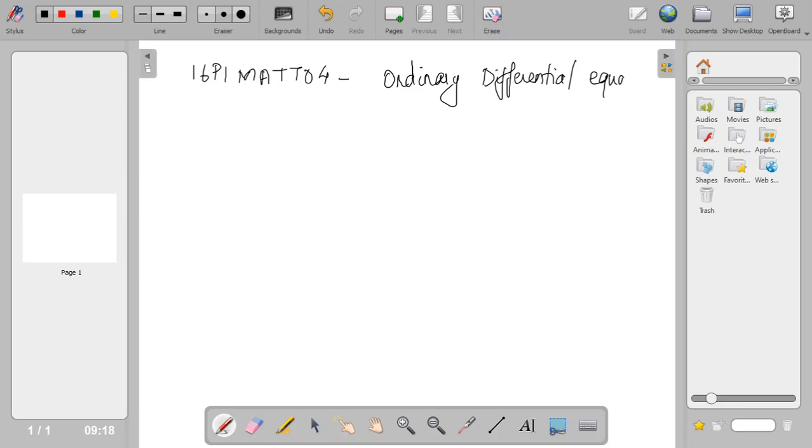So we will be having a total of 4 modules, and there are 2 textbooks actually.